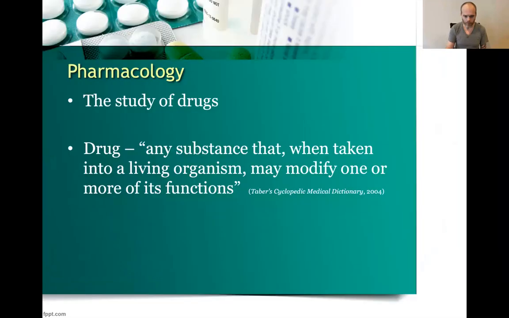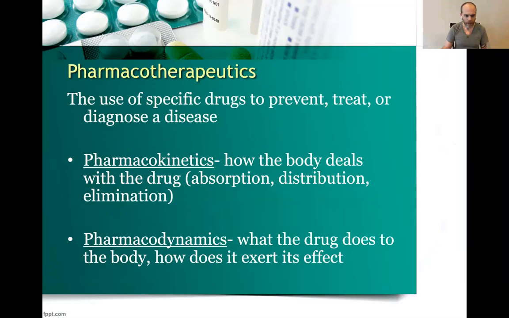Here we go. Okay, so pharmacology means the study of drugs, as you probably already knew. When it comes to pharmacology, pharmacologists and pharmacists look at two different things. They look at pharmacokinetics and the pharmacodynamics of a medication. So pharmacokinetics, think of kinetics means movement, how the body deals with the drug.